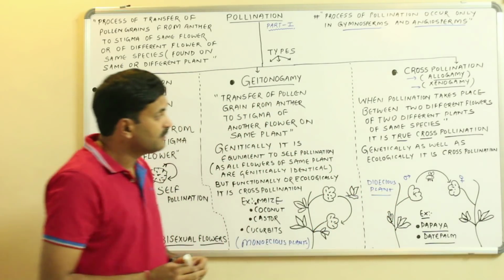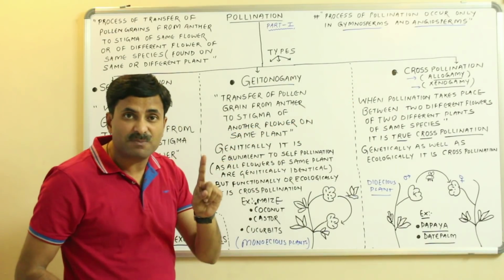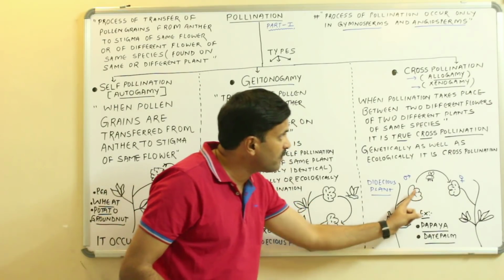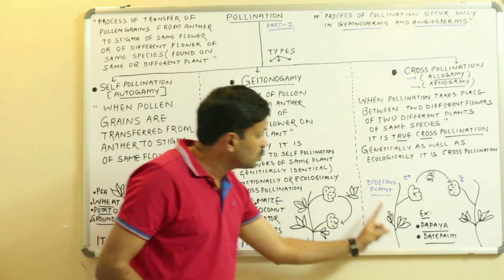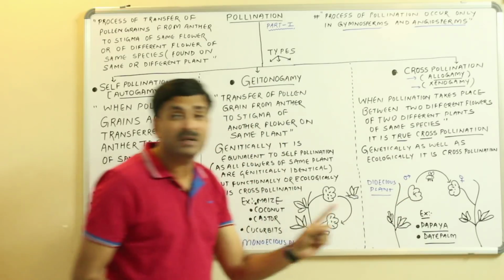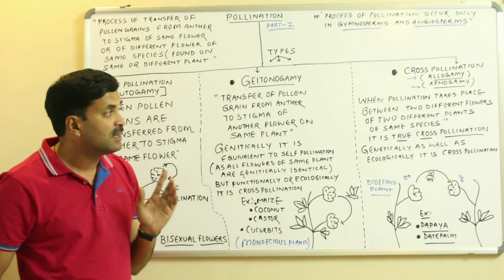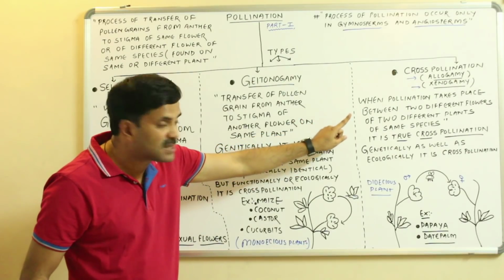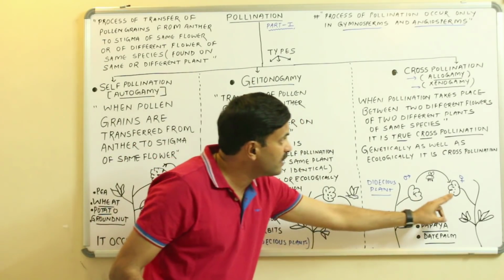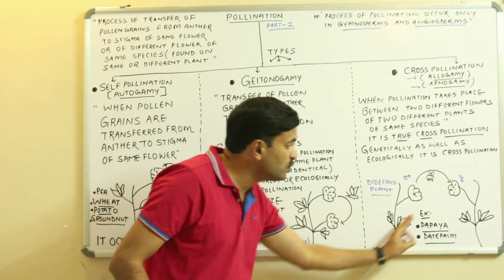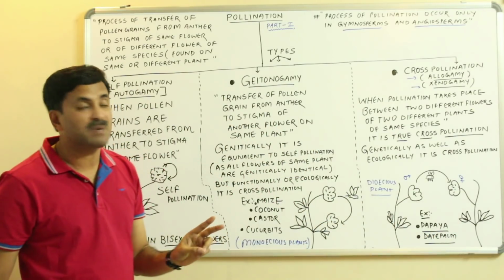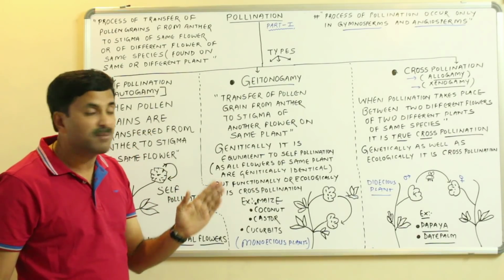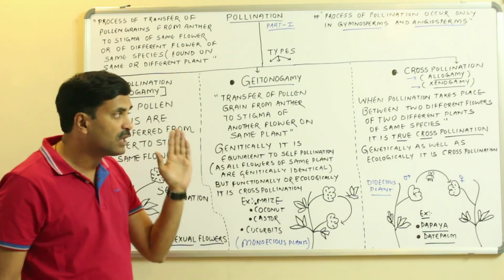Now see here, when pollination takes place between two different flowers of two different plants, but these plants must be of the same species, it is called cross-pollination, or allogamy, or xenogamy.